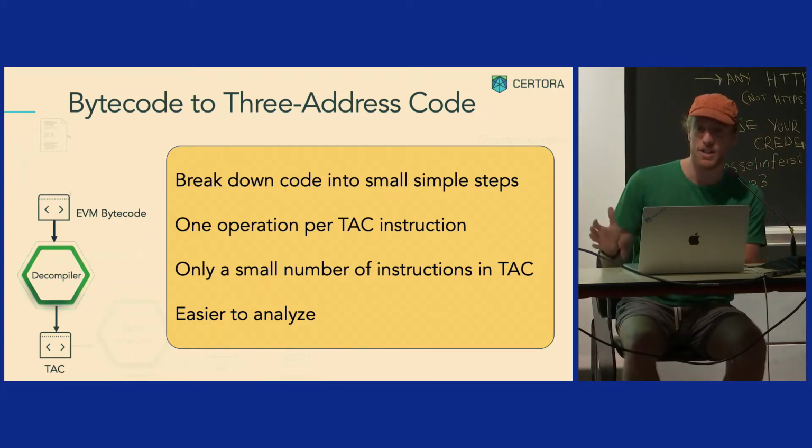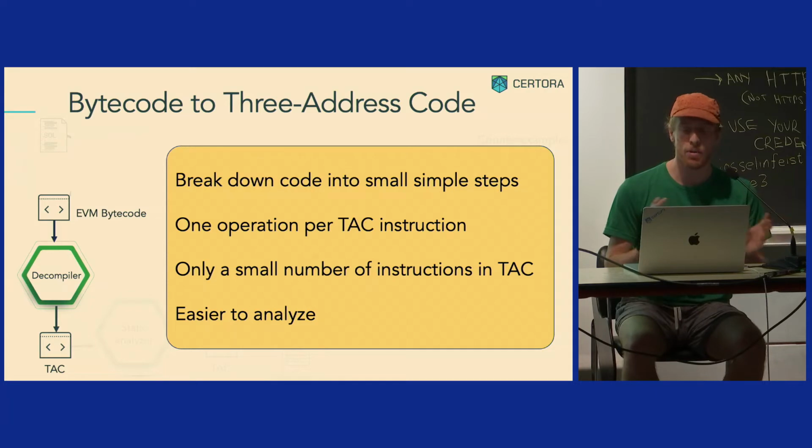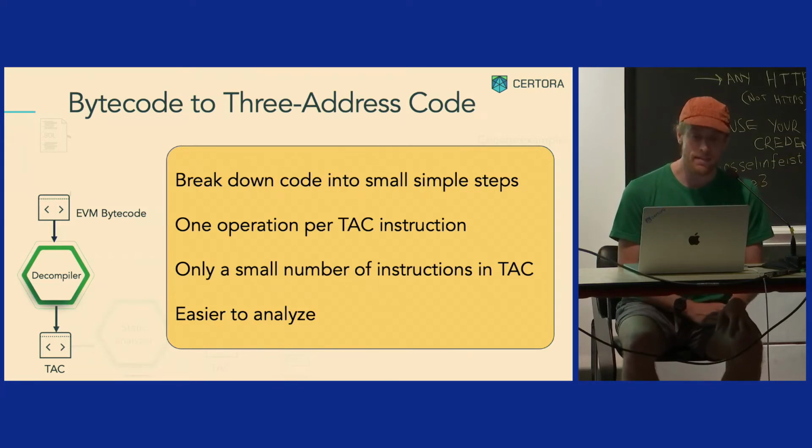So we turn all the stack slots into registers, which makes reasoning about where data flows much easier. So that's one major thing we do. There are also a couple little instruction simplifications so that we don't have as many cases to reason about. But again, this is all meaning or semantics preserving. And like I said, this makes it easier to analyze.